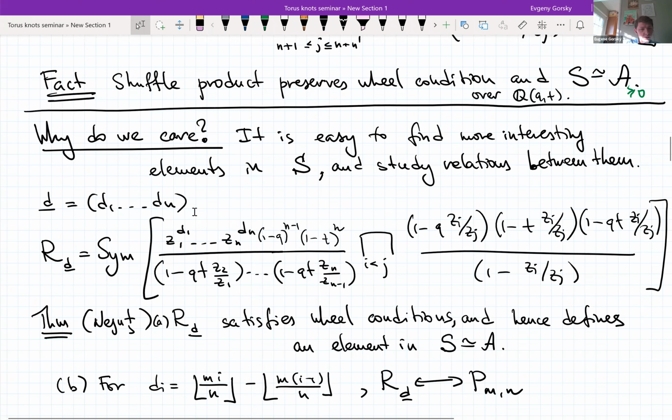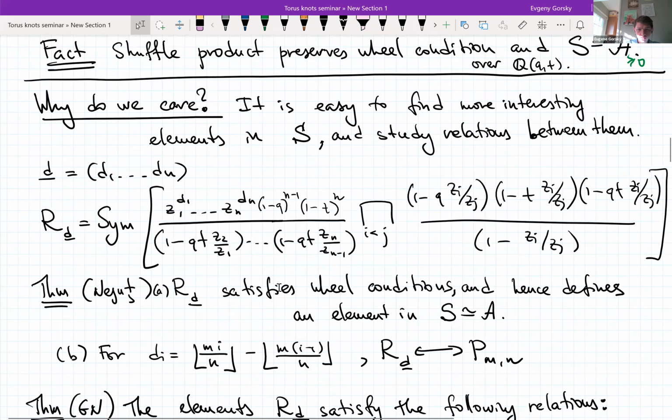But as we will see a bit later, all these R_d's correspond to some very specific links and knots in the torus, and some very specific elements of the skein algebra or categorical skein algebra. And therefore, we expect that relations between R_d's are more easily understood on the skein side and on the categorical side, as we will discuss.